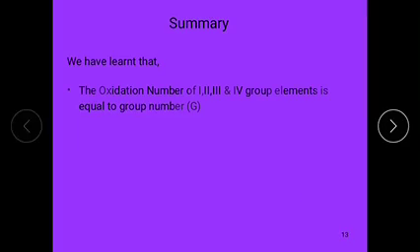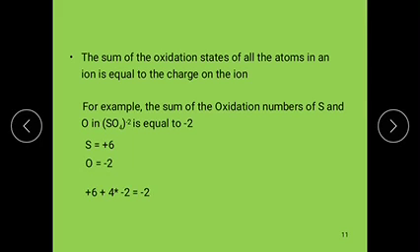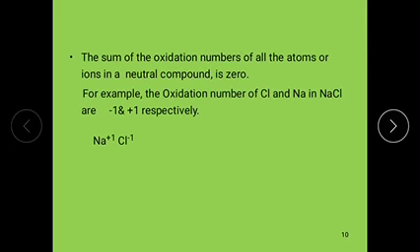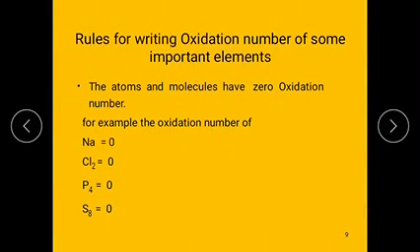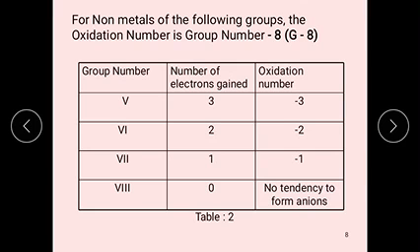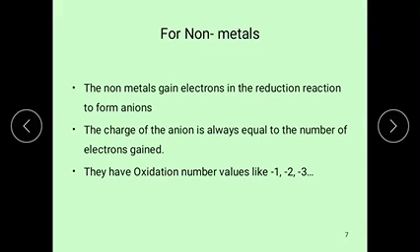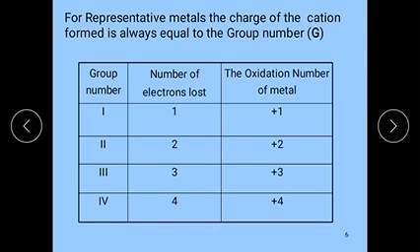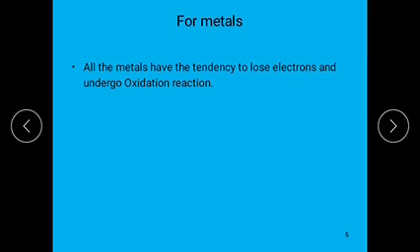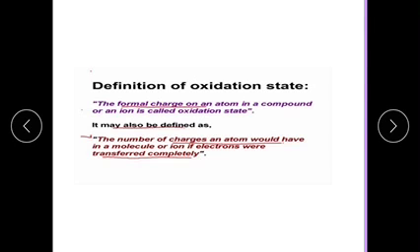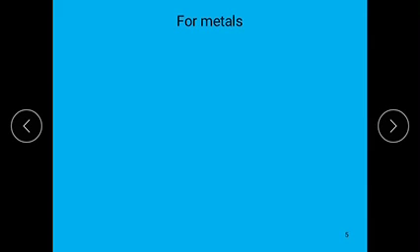Let us once again repeat the rules for the calculation of the oxidation number of elements. Metals have a tendency to lose electrons.